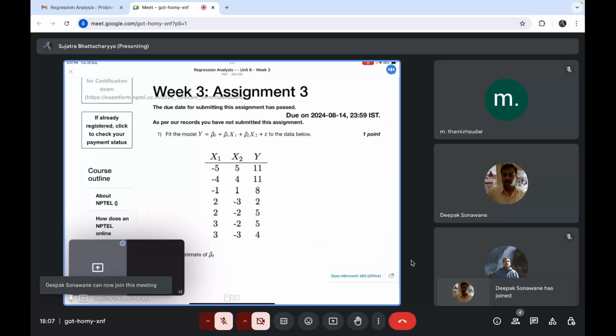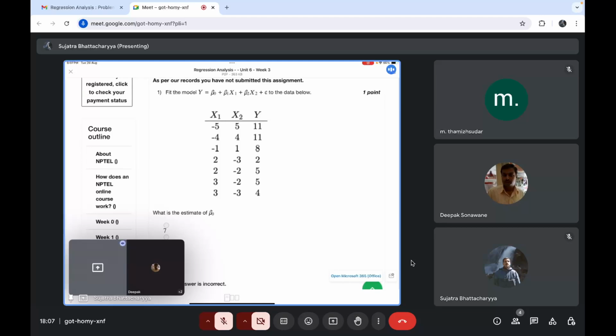This is the data set which is given, where the two regressors are x1 and x2, and y is the response variable. In total, 7 samples are given.